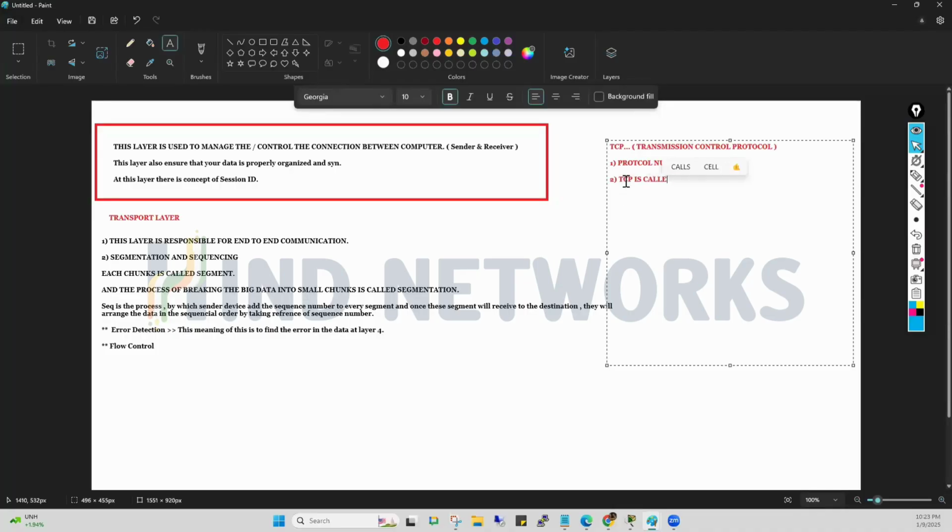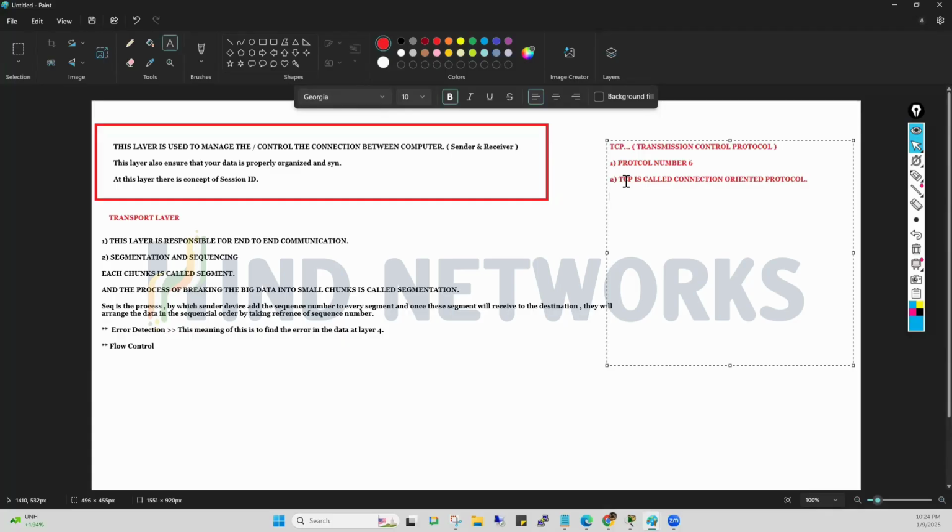TCP is called connection oriented protocol. But again, the question is, what do you mean by connection oriented? Connection oriented means TCP performs one task, and the task is called three-way handshake. That's the reason we call TCP connection oriented.